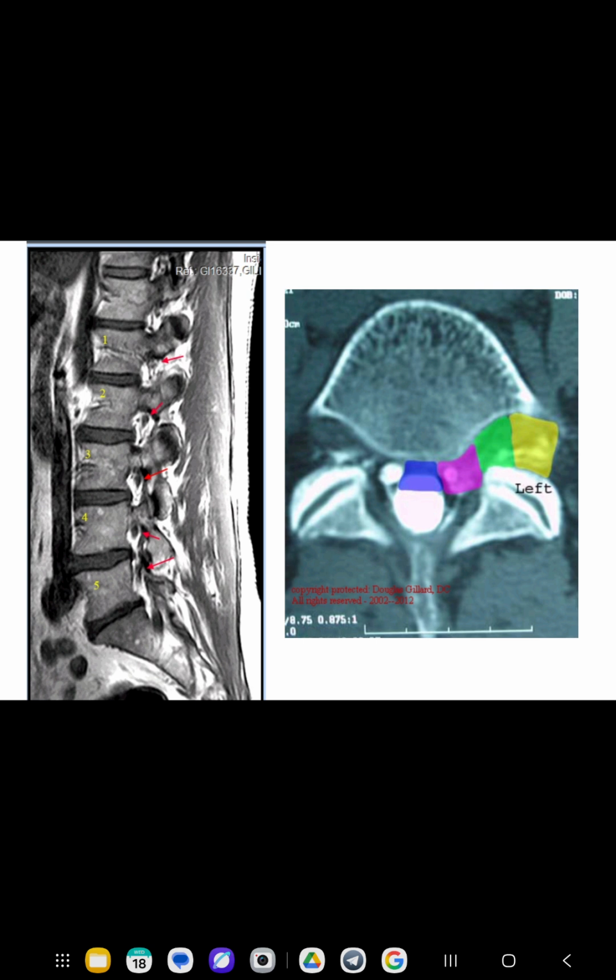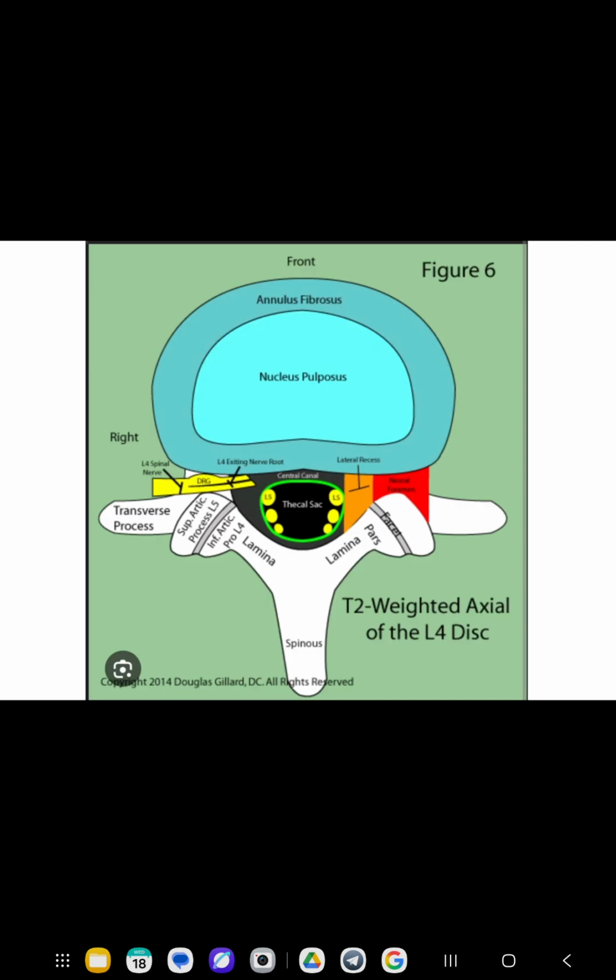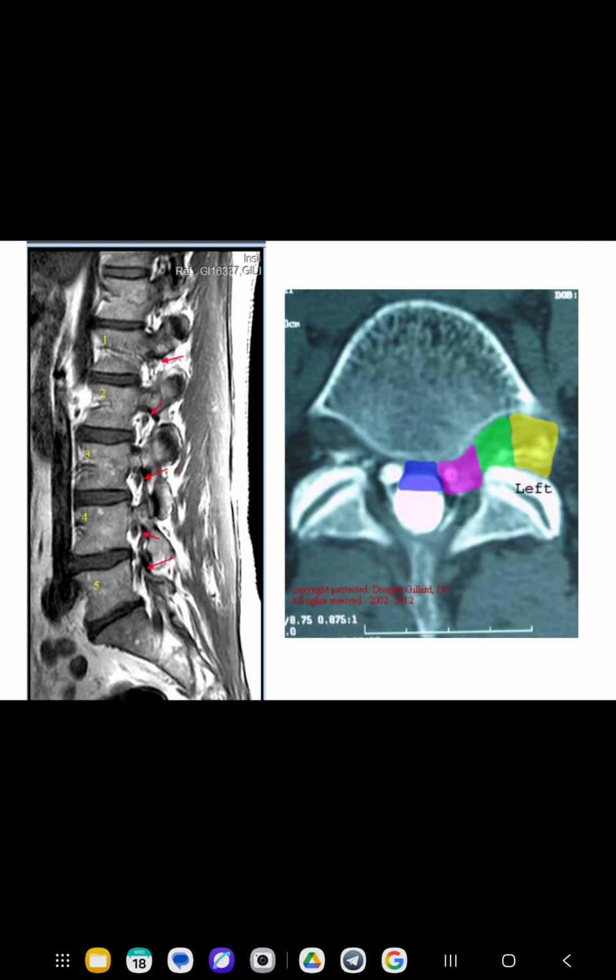Here these are the zones, an extension of what I am saying right now: the central zone, the lateral recess, the intraforaminal and extraforaminal zones. These are important, especially the lateral recess zone, or paracentral, because the most common disc herniation is in the paracentral region.